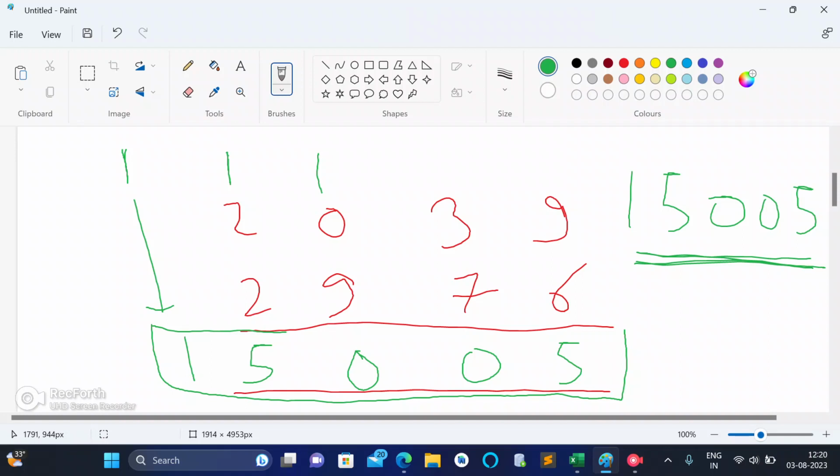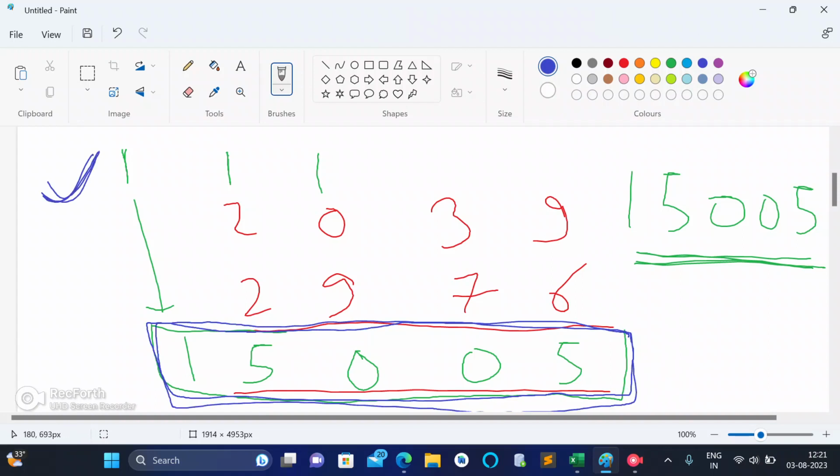So 2039 and 2976 form a pair. How many more such pairs are there whose addition according to this new law, carrying to the column two places to the left, gives the same result, 15005?